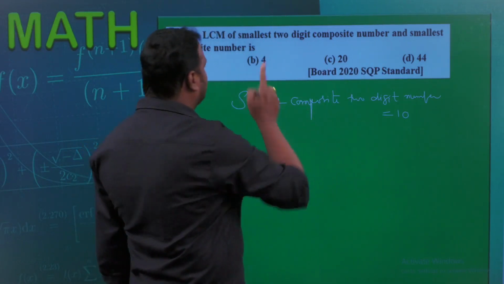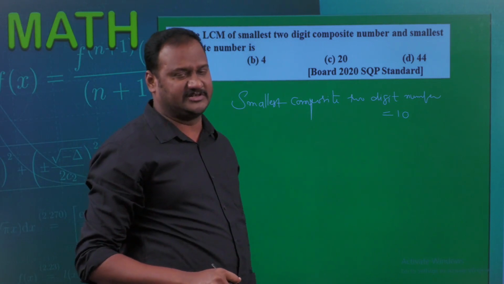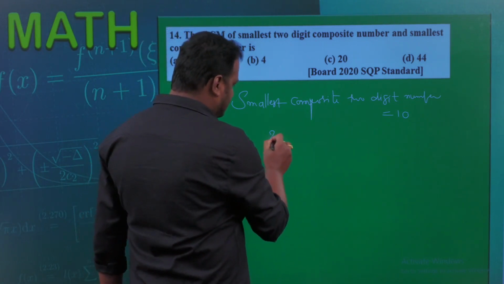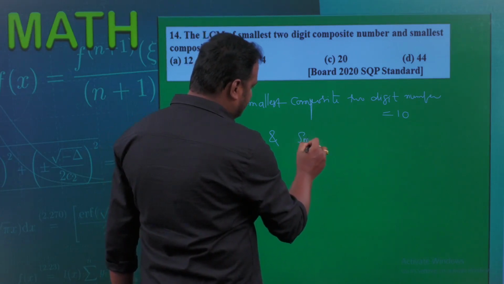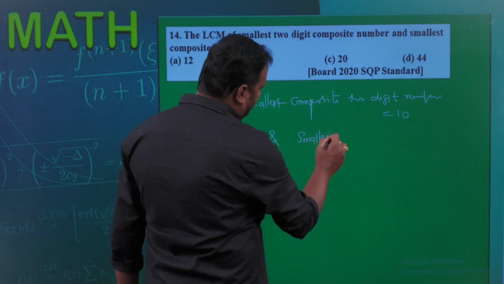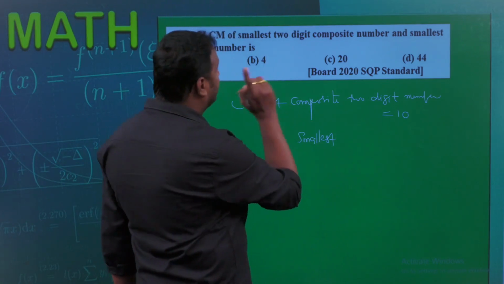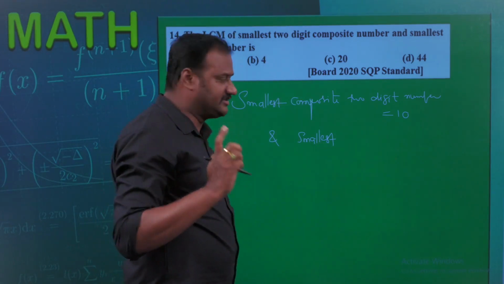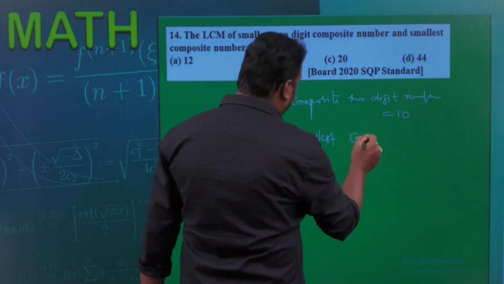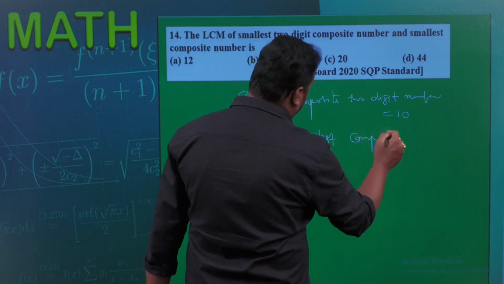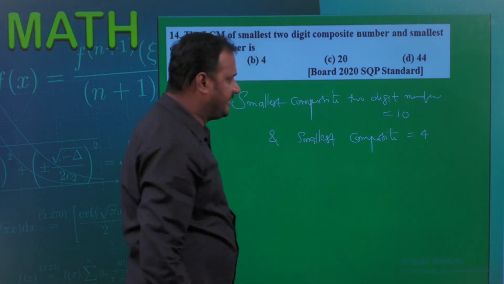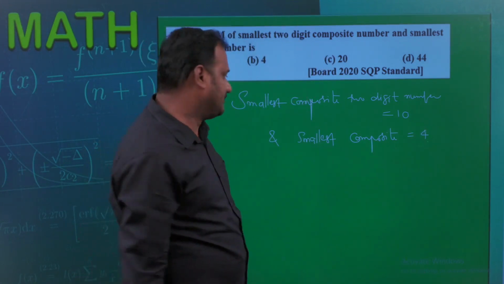The smallest composite number. Smallest prime number is 2, but the smallest composite number is 4. So the smallest composite number is equal to 4. Now you are going to find the LCM of these two numbers.